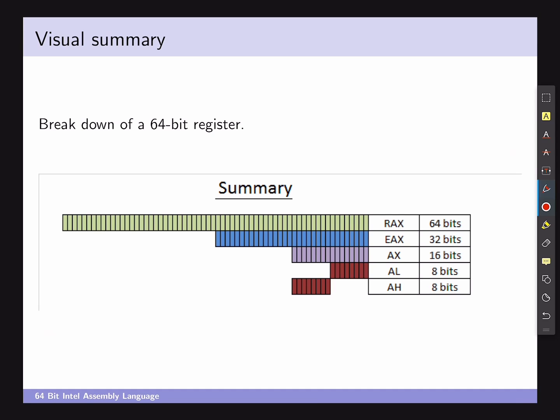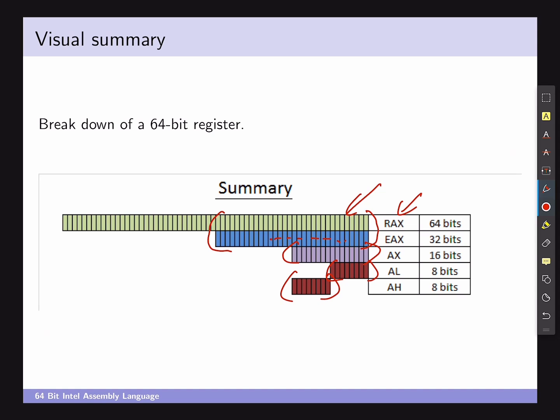So here's RAX taking a full 64 bits. We then have EAX, which is our 32 bits. But this EAX is the same as the bottom of RAX. So if I change something in EAX, it affects RAX. Now the extension again of this is that we have AX, which is the bottom half of EAX. And we have AL, which is the bottom half of AX. And AH is the top half of AX.